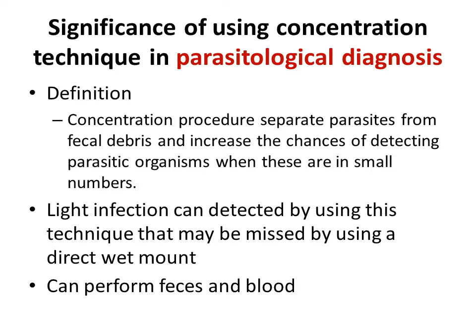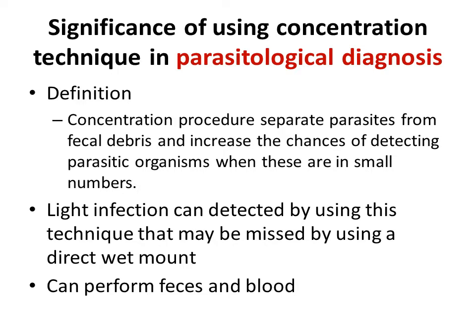Then light infection can be detected using this technique, which may be missed by using a wet mount. And the concentration technique can be performed on feces and blood, and not only these two samples; other specimens can also use this technique.